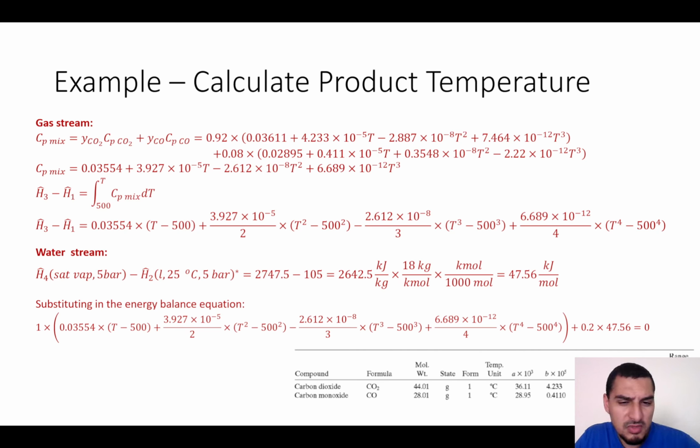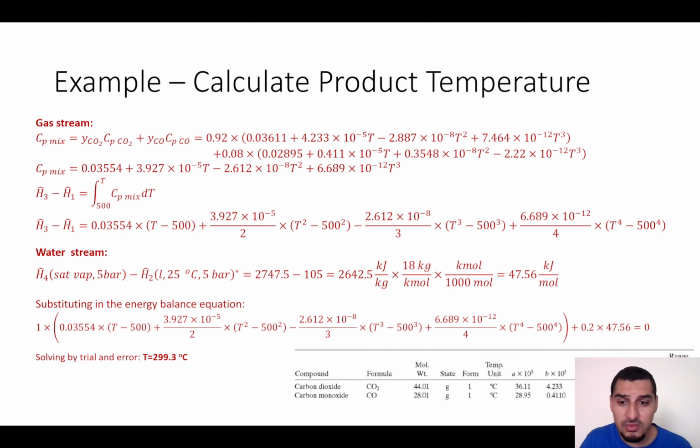But for now, I'm not going to go into any details of this. In the next video, I'm going to show you how to do this using Microsoft Excel. It's a very useful thing that you need to know how to do. But after doing the trials and the calculations, you can find the temperature as 299.3, which is almost 300 degrees Celsius.